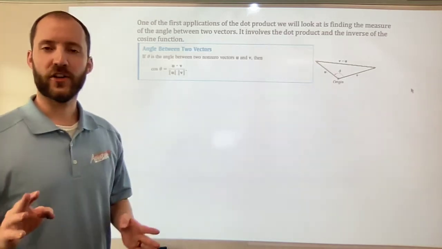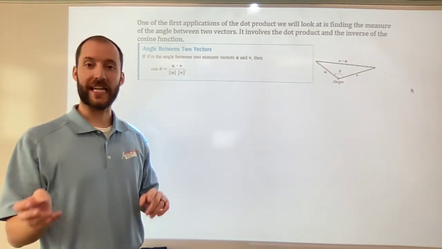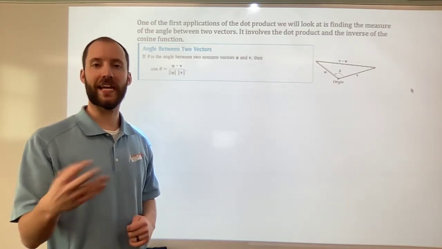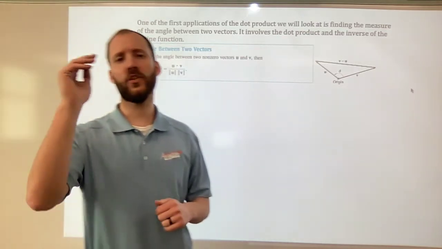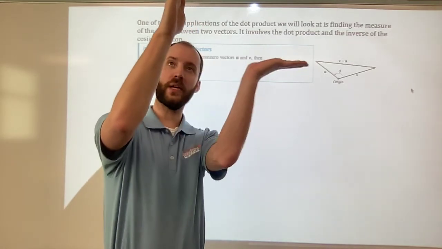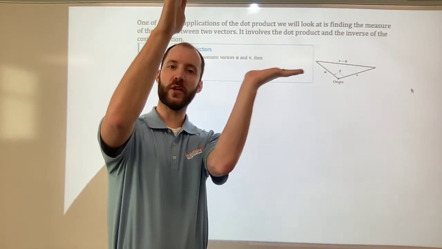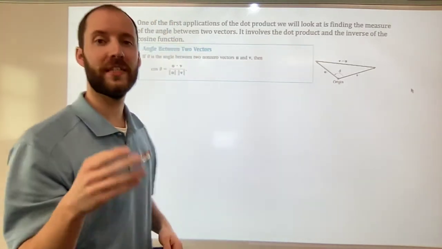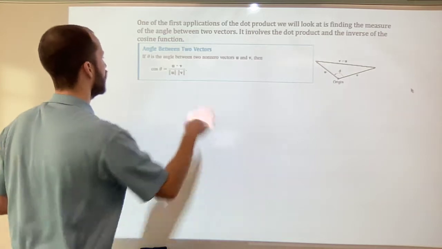So one of the first applications of the dot product is to find the angle between two vectors. So you have a vector going this way, a vector going this way. If you want to know the angle between them, you can use this calculation.